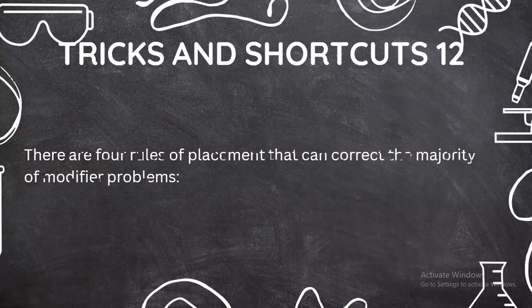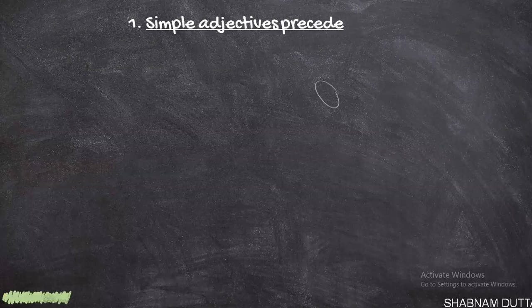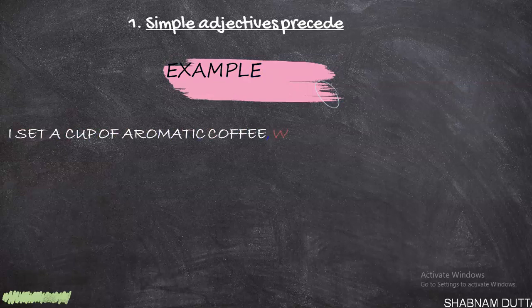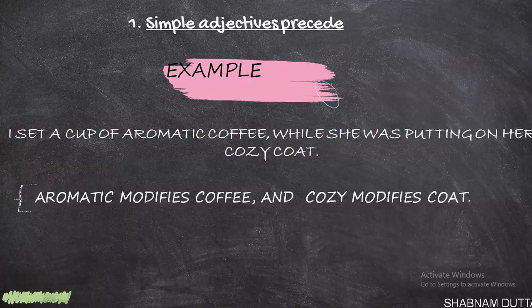First, let's understand the 4 basic rules that can correct the majority of modifier problems. Number 1. Simple adjectives precede. In the example, I sat with a cup of aromatic coffee while she was putting on her cozy coat.